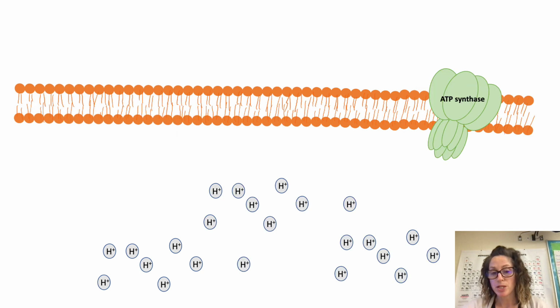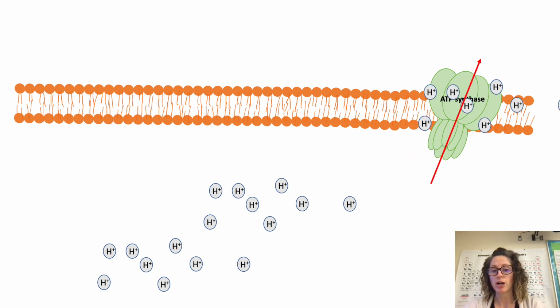Now, chemiosmosis is still going to occur as it does in linear photosynthesis, with the electron transport chain, as we have a low hydrogen ion concentration in the stroma and a high hydrogen ion concentration in the thylakoid lumen.